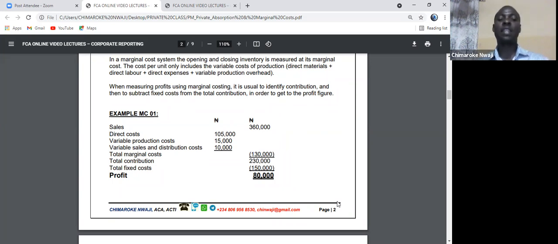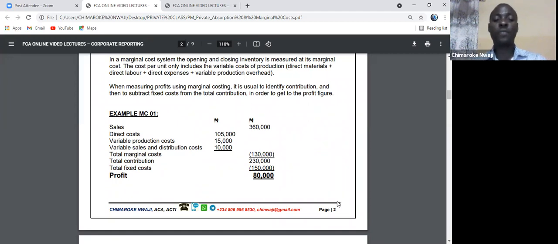That's a selling and distribution cost. Okay, then when you add all these variable items, you get your total marginal cost of 130. It is this total marginal cost that is your total variable cost, which when you remove it from 360, you have contribution, total contribution of 230 Naira.